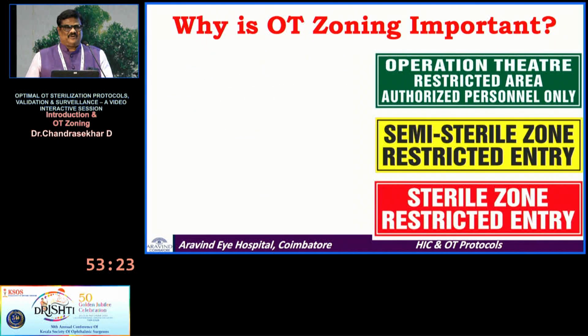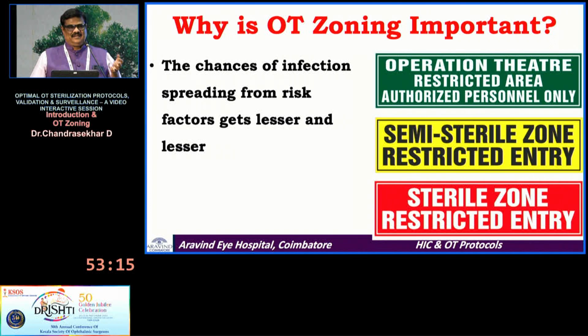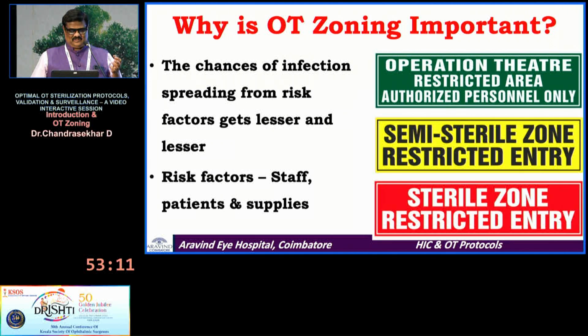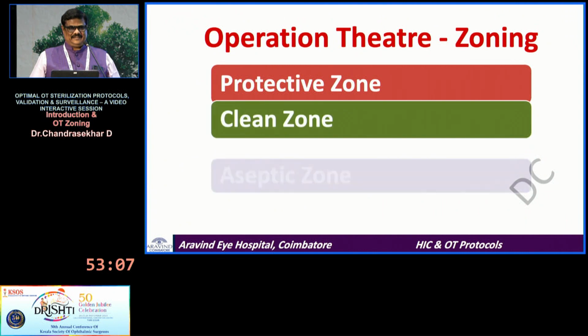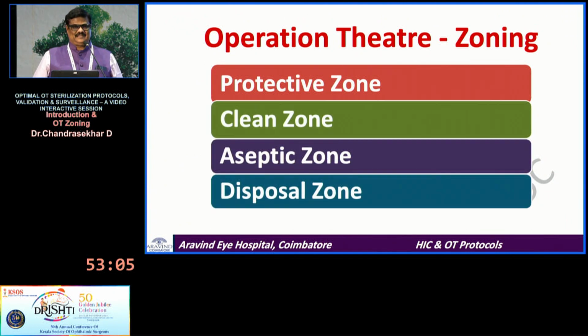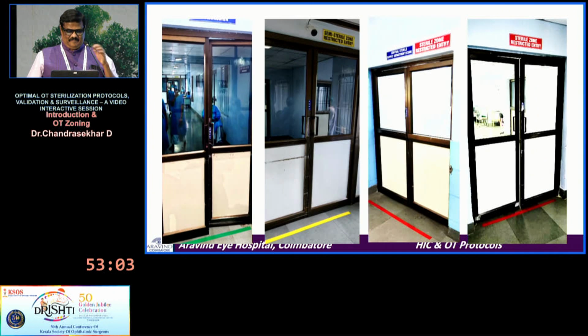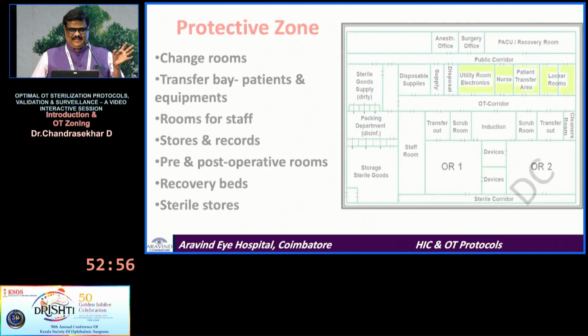Now it is very important to zone the theatre, because we do not want crossover of used and sterilized items. That is why we categorize them into at least sterile, semi-sterile and non-sterile zones. Ideally it is divided into a protective zone, a clean zone, an aseptic zone and a disposal zone. We have markings also: red, yellow, and green would be the most sterile area.